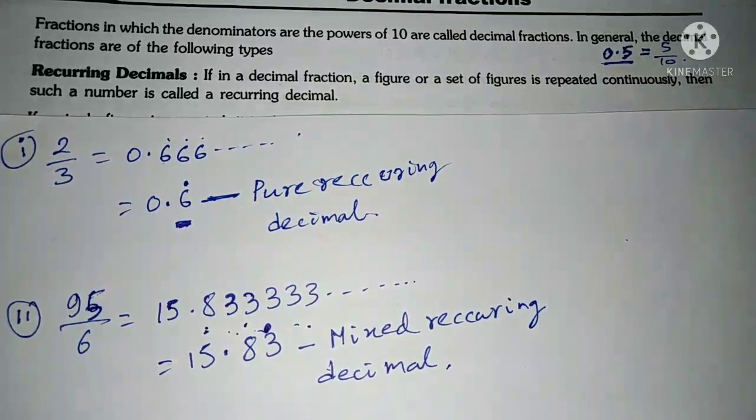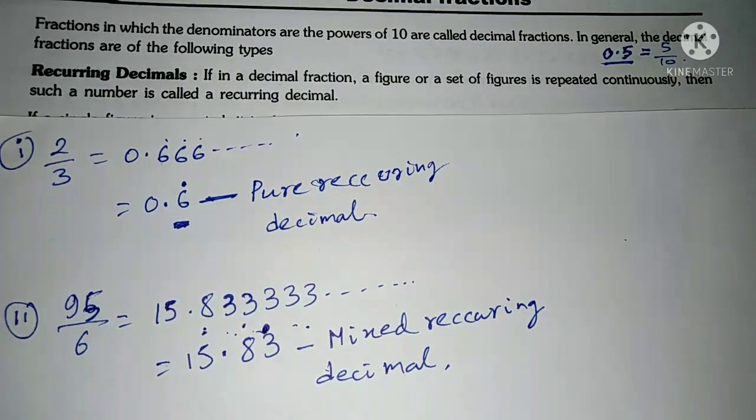So first we learned that decimals are of two types. One is recurring decimal, another is non-recurring decimal. Recurring decimal is when the numbers repeat after the decimal point. There is no end. After the decimal point, a set of numbers or a single number will repeat continuously. So it is not perfectly divisible.